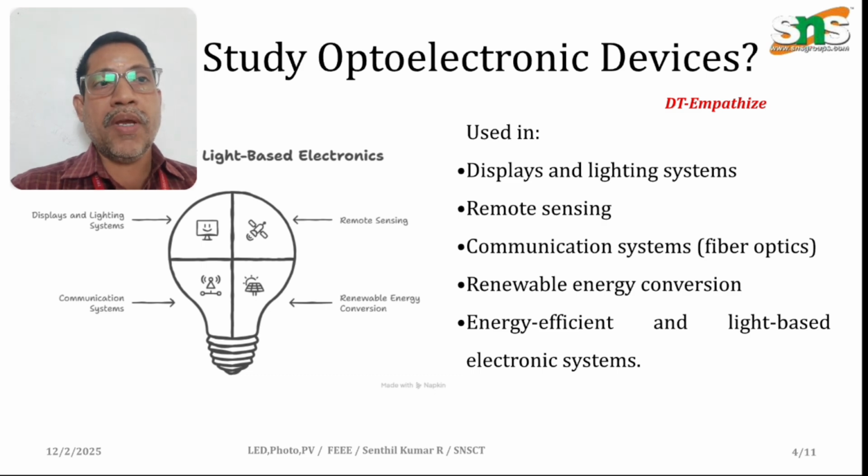All these applications come under optoelectronic devices, since it is a very energy efficient, light-based electronic system used for remote control, power generation, communication systems, and illumination and lighting systems.